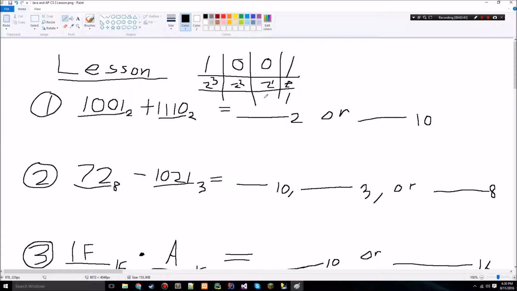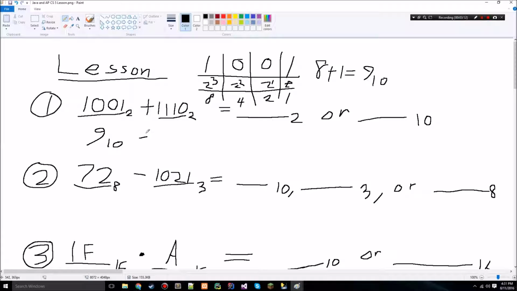We evaluate these and get 1, 2, 4, and 8. So 1 times 8 is 8, and then we ignore the zeros, and then we add 1 times 1, so 8 plus 1 equals 9. So 1001 base 2 is 9 in base 10.